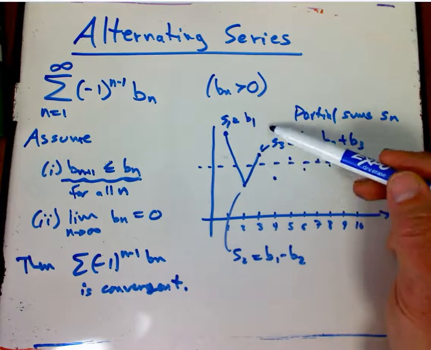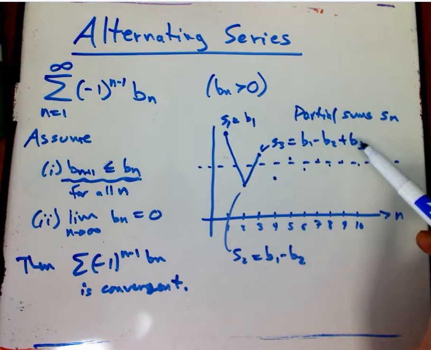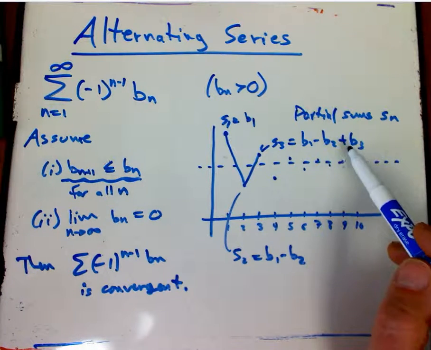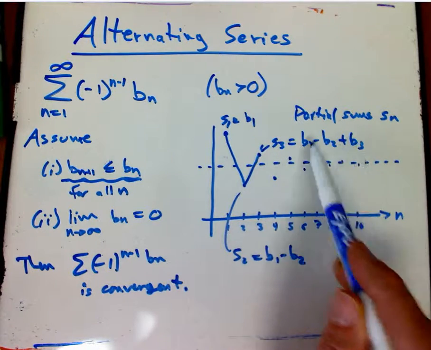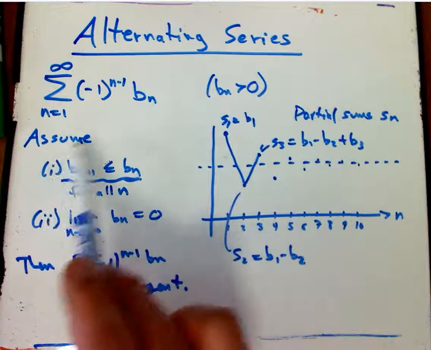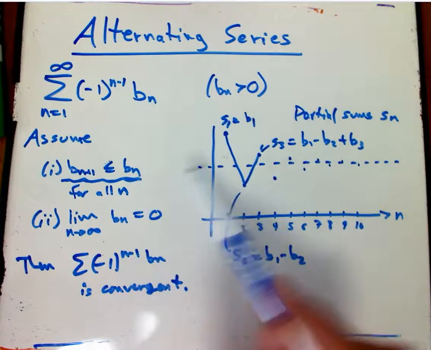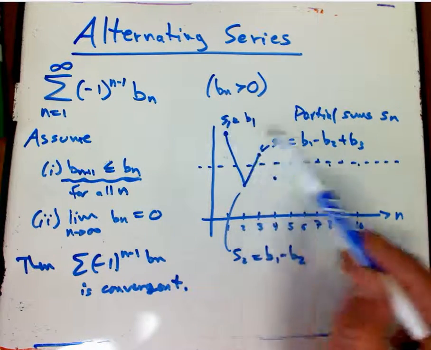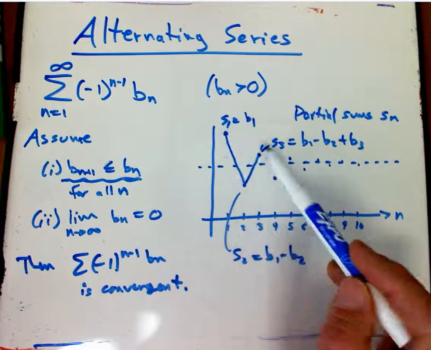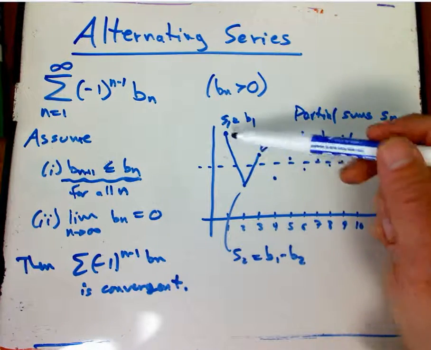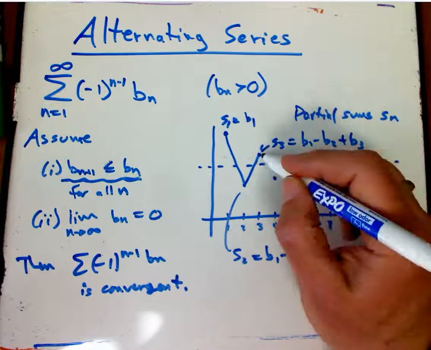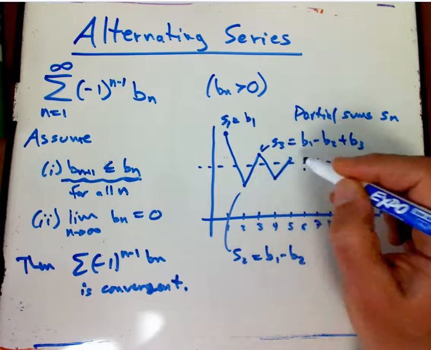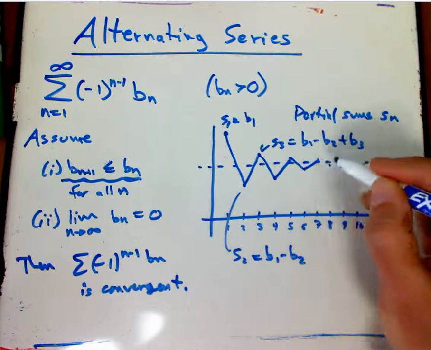We don't go as high as where we were because the difference b3 minus b2 is going to be a negative number because this guy is decreasing, and so the net change from b1 to including these two has actually gone down. So basically you just want to think of it as we're bouncing, and every time you bounce, you don't bounce as far, and so you're going to get a decreasing wiggle. You're guaranteed to get qualitatively this picture.